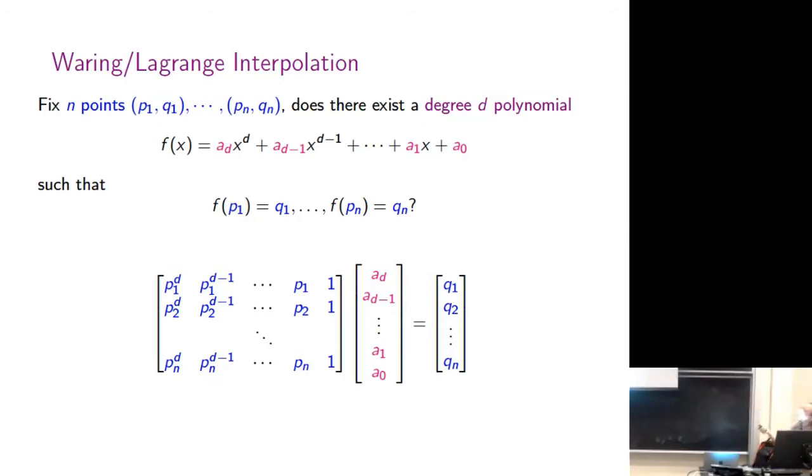Okay. So the answer to the Waring-Lagrange interpolation problem of when I can interpolate this polynomial is if the number of coefficients, that's the number of columns, d plus 1, is at least the number of points, that's the number of rows, which is n. So I can fit a degree d polynomial through d plus 1 values.